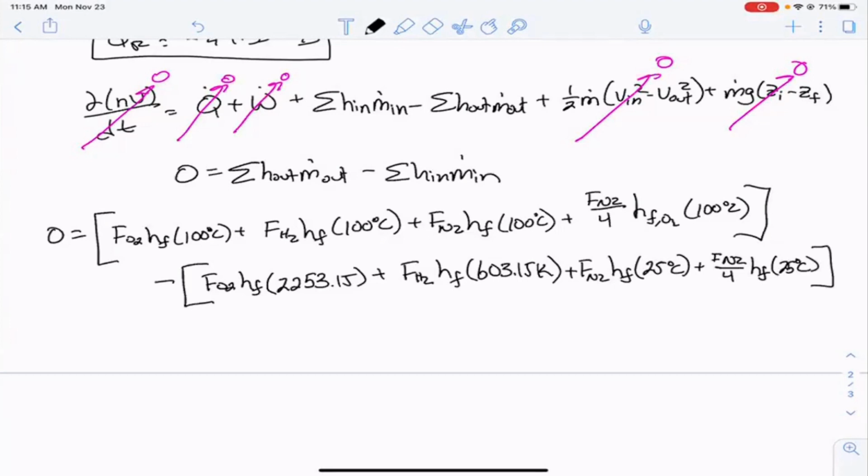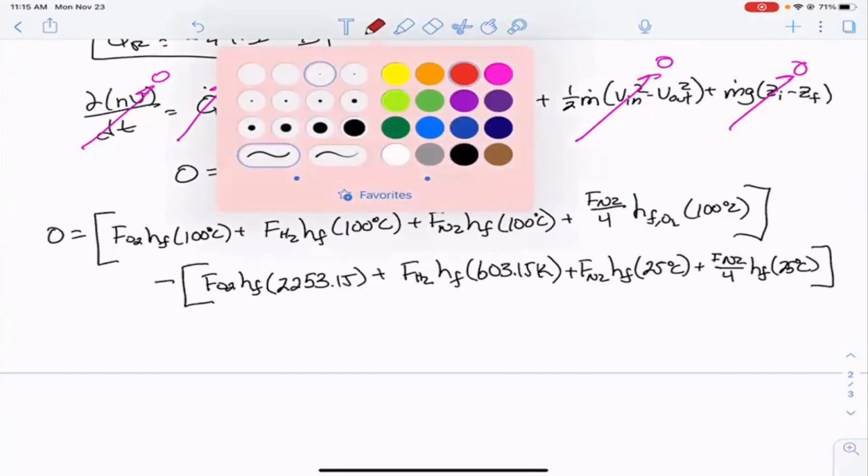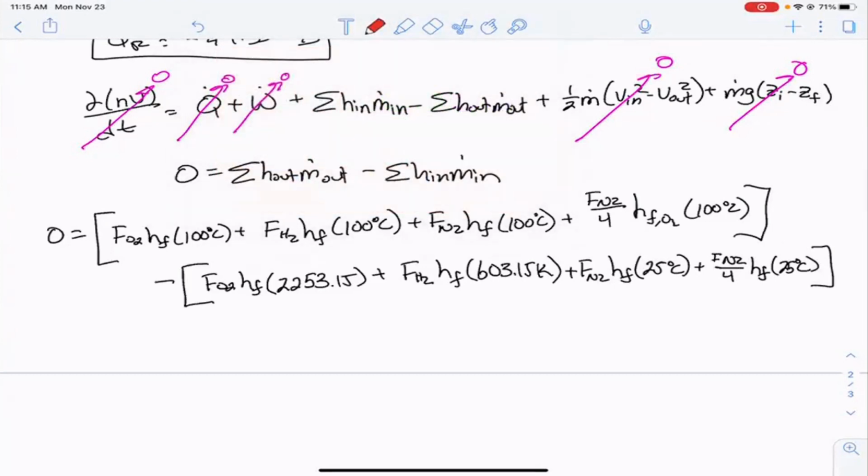So that's all the stuff leaving minus everything that's coming in. And if you think about this, we already solved for FO2, FH2. And so the only unknown in this equation is the flow rate of nitrogen, and it actually shows up 4 different times here.